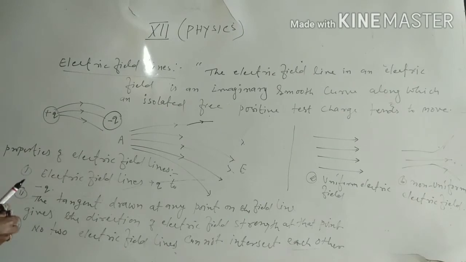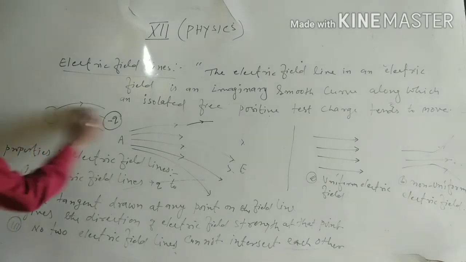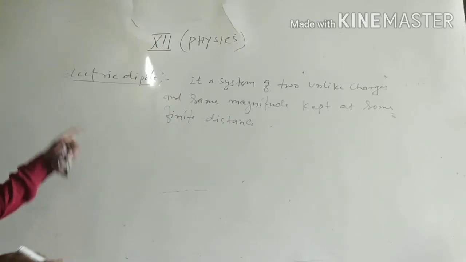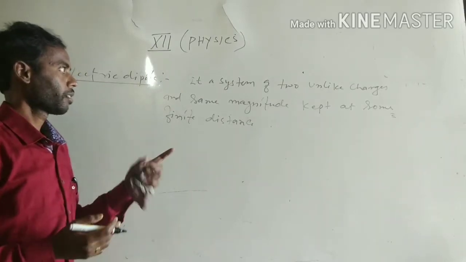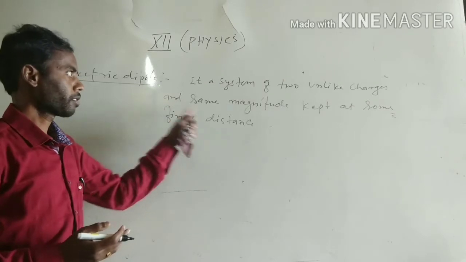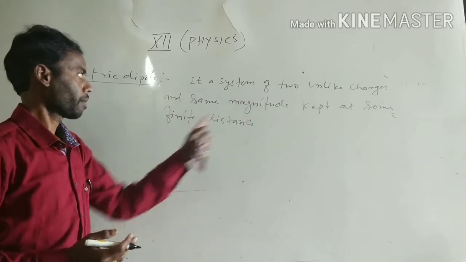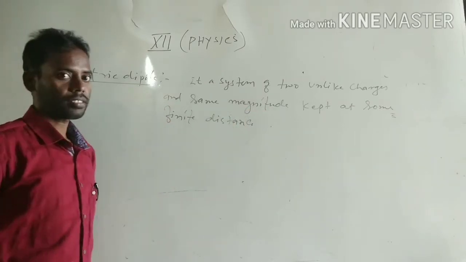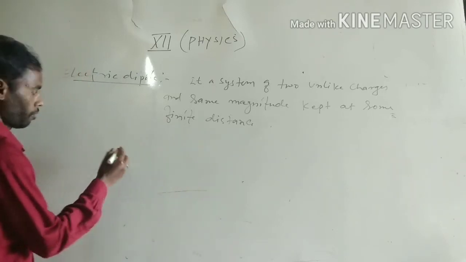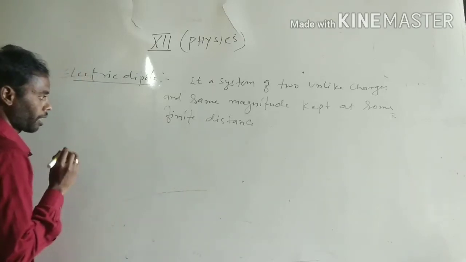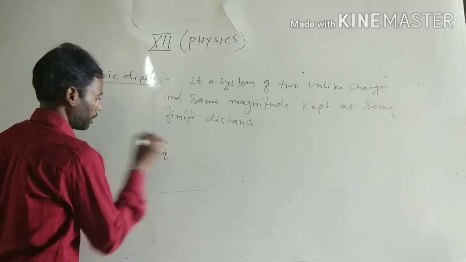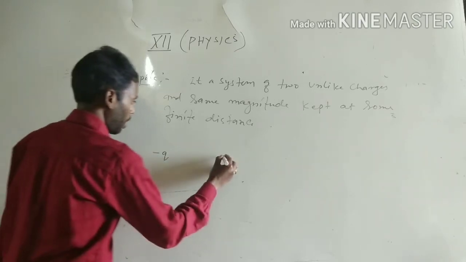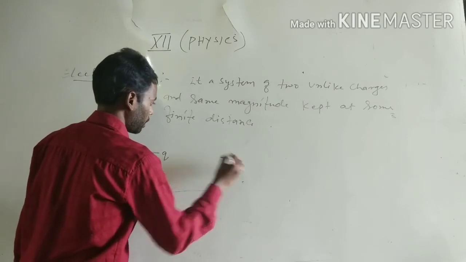Next our topic is the electric dipole. Let's discuss. Next, our electric dipole. It is a system of two unlike charges of the same magnitude kept at some finite distance. That means we have to take two unlike charges of the same magnitude. This is a minus Q and here is the plus Q charge.